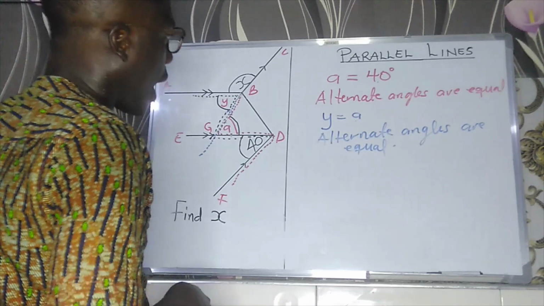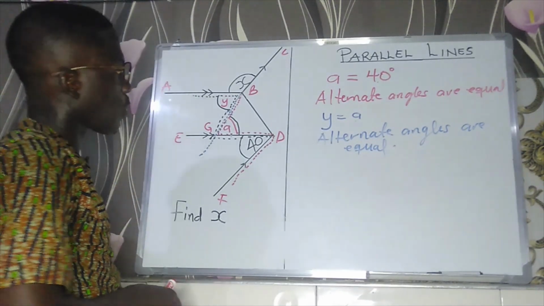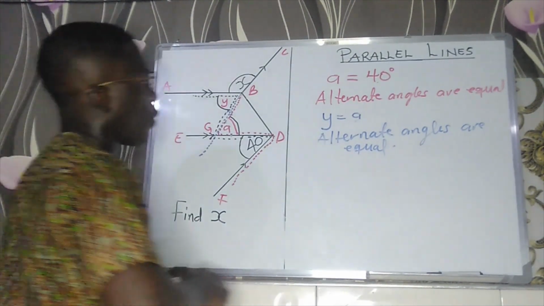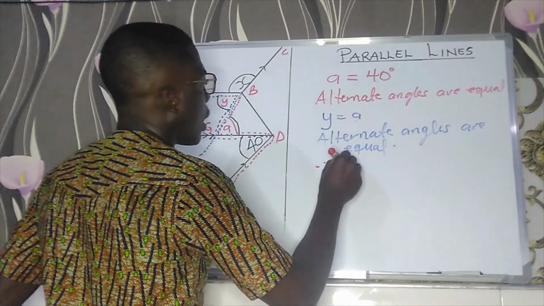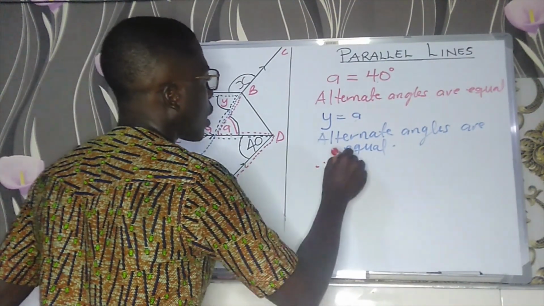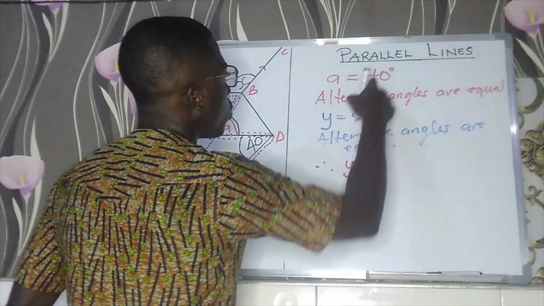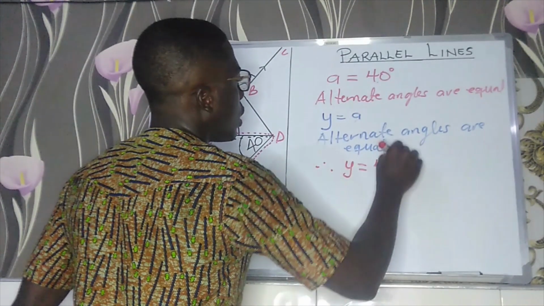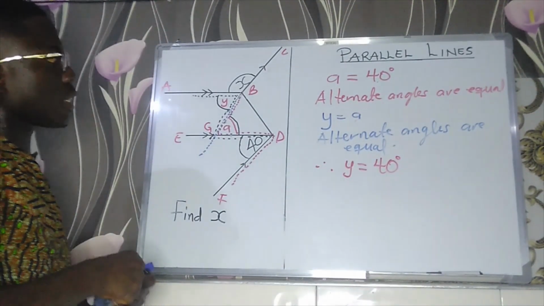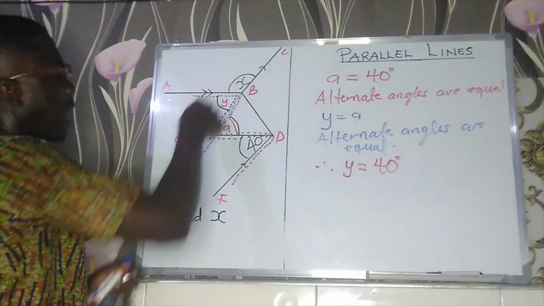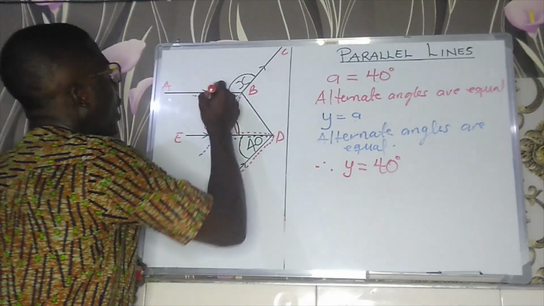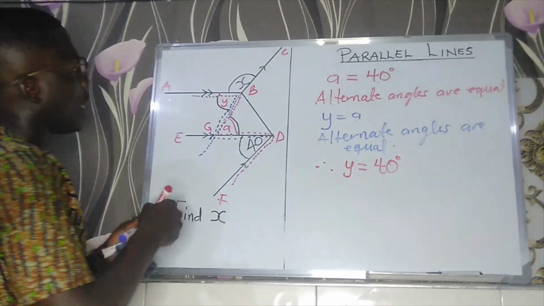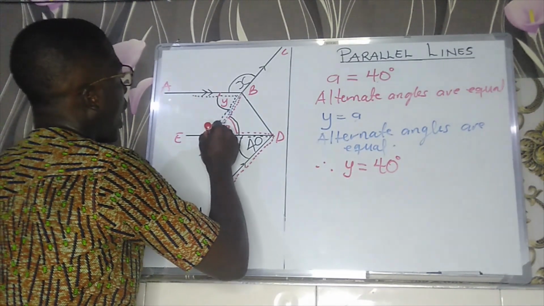Alternate angles are equal. Good. And so therefore, Y should be equal to 40 degrees.